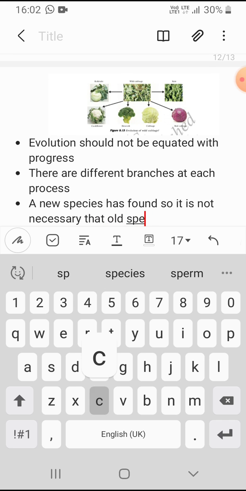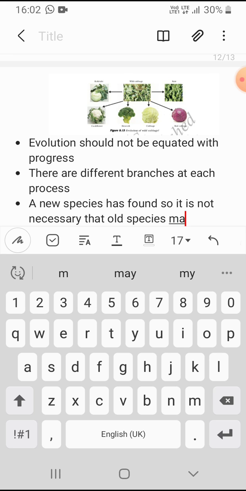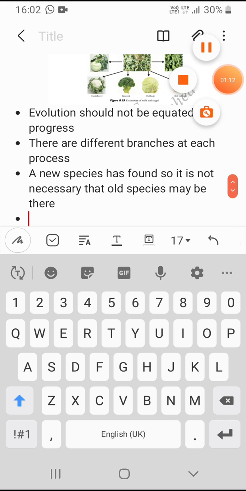Old species will exist, like the beetle example. The brown beetle species or red beetle species may vanish away, so it is not necessary.